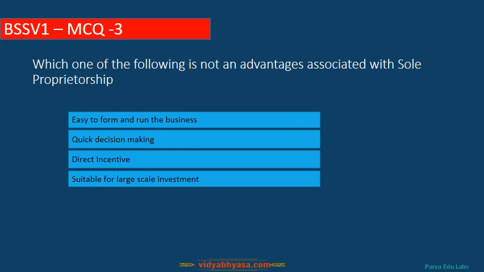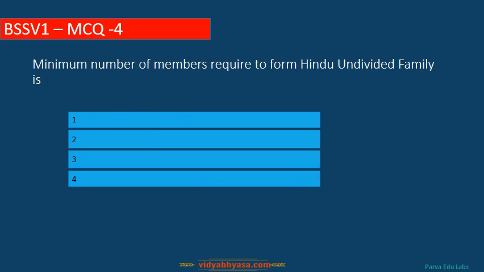Which one of the following is not an advantage associated with sole proprietorship? Easy to form, yes, it is an advantage. Quick decision making, it is an advantage. Direct incentive, yes, it is an advantage. But suitable for large scale investment, no. Sole proprietorship is not suitable for large scale investment.